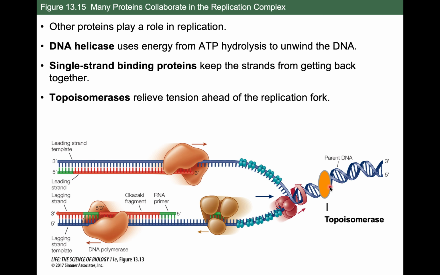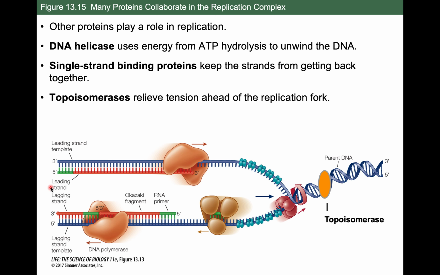If topoisomerase wasn't here, you would get so much tension out here and on the other side of the fork that you would get breaks in the DNA, which would obviously not be a good thing. Topoisomerase intentionally makes little nicks in the DNA, lets it unwind a little bit to relieve some tension, and then seals it back up again.